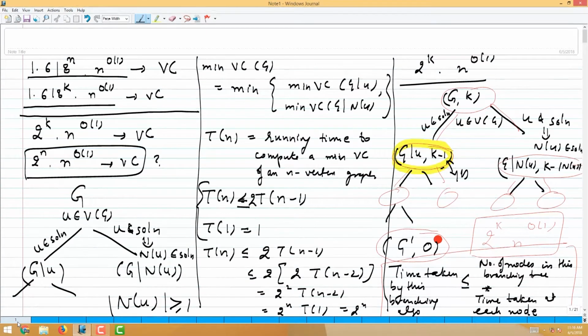But you have seen a 1.618 power n algorithm for vertex cover, right? How was it different from this 2 power n algorithm? So what gave you 1.618 power n?